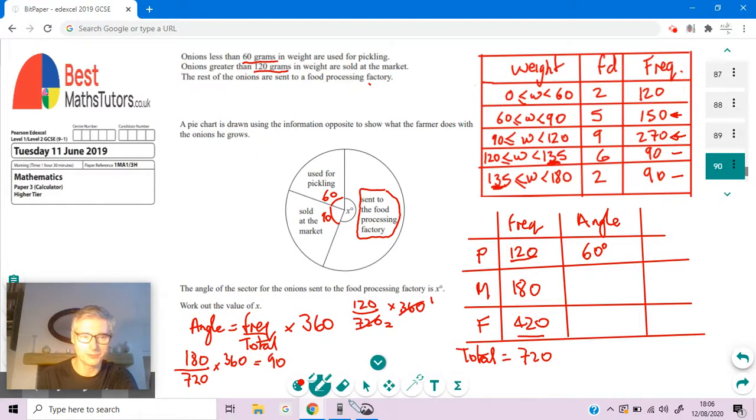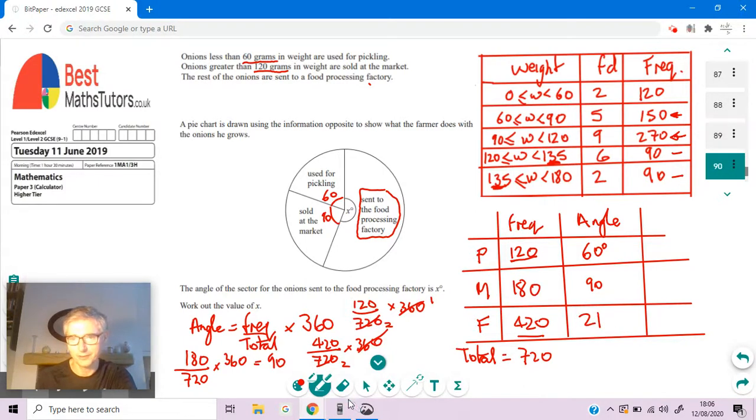And we could use the information we've just worked out here, add them together, take away from 360. Let's write this one in here actually. But let's do it like this, 420 over 720 times 360. So that cancels, that's 2. So actually that gives me 210.